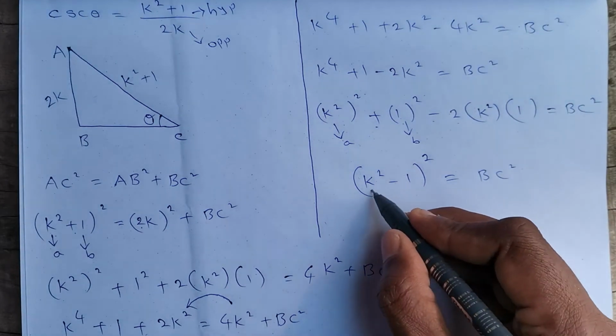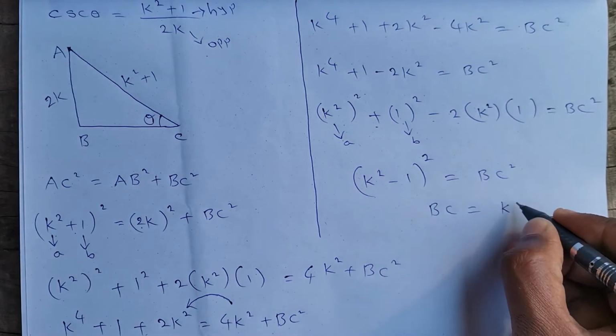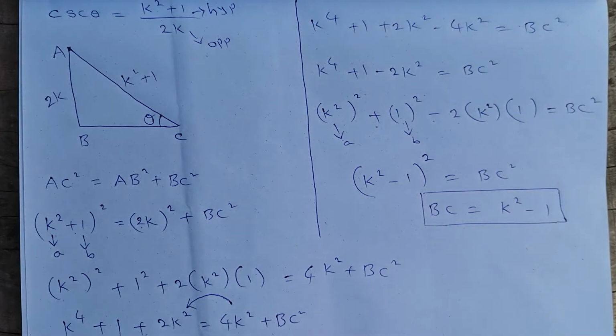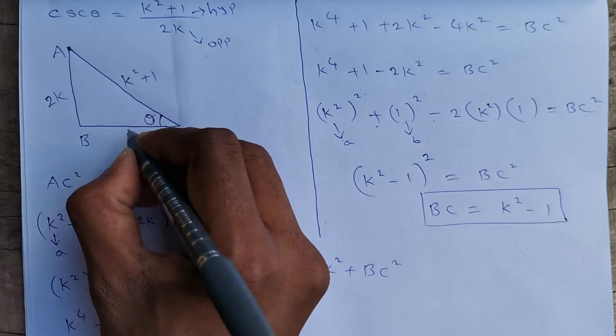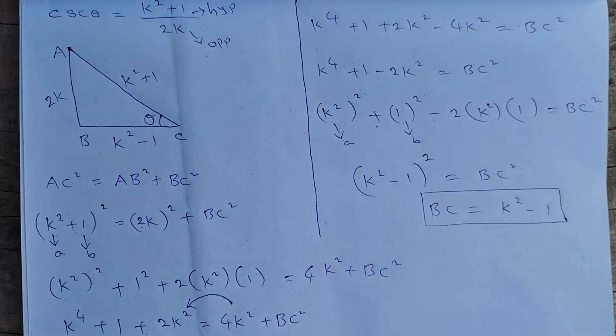BC square is (k square minus 1) whole square. Then BC is k square minus 1. So the value of BC is k square minus 1. This is BC, so this side is k square minus 1.